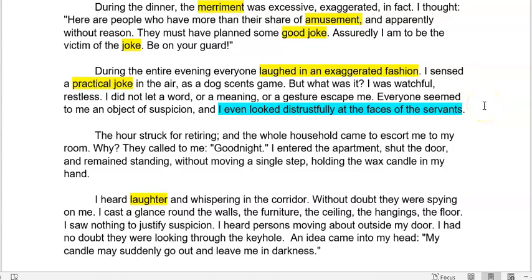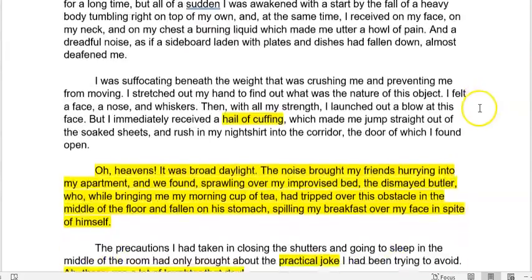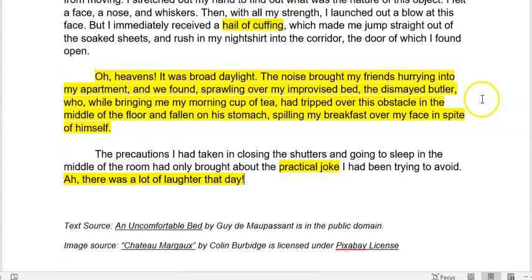Okay, so even though he tried all night long to avoid this practical joke, this prank from happening to him, by doing all of the things that he did, he actually brought upon the practical joke, the prank, on himself.